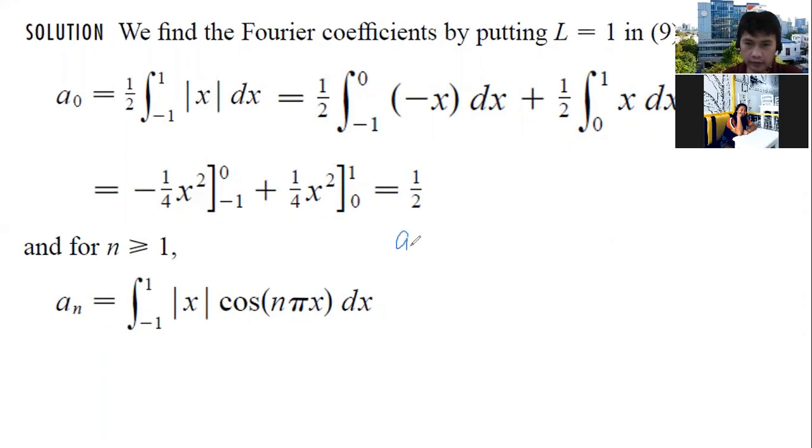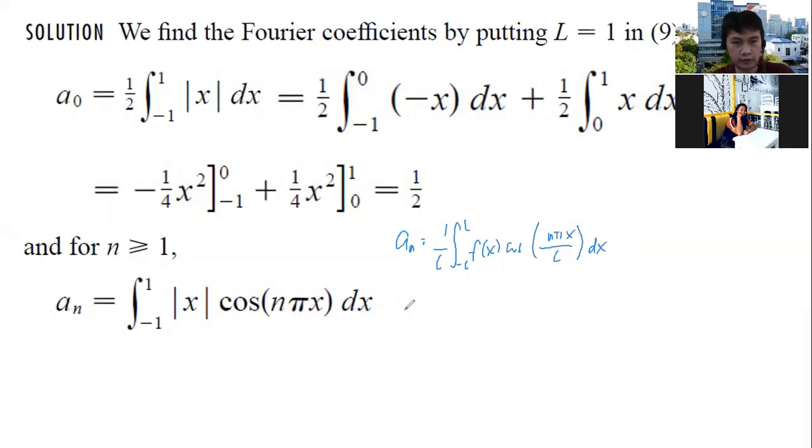So yung formula for a sub n is a sub n equals 1 over L from negative L to L, f of x cosine n pi x over L dx, no? So ang L natin is 1, so that's why we have here 1 over 1. Then times the integral from negative 1 to 1. Our function is defined as the absolute value of x, then cosine n pi x over 1, no? Okay, then dx.